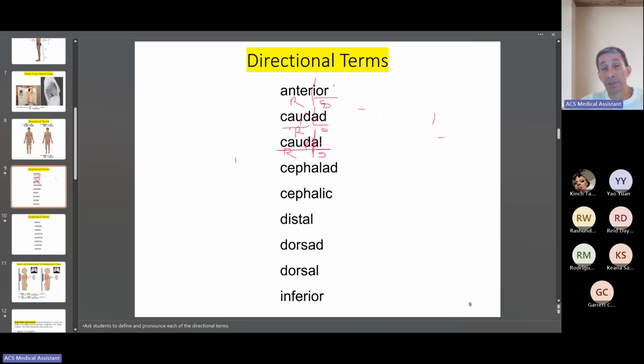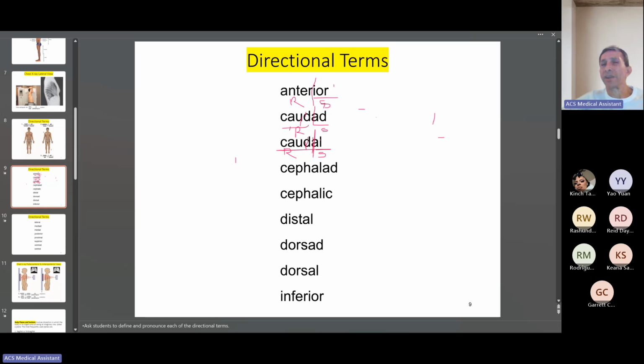We need to make sure that we understand the parts of the medical term. So we have two. We're always going to divide it: word root, the suffix. Do we have a combining vowel here? No, we don't. If we don't have a combining vowel, we're not going to have a combining form, because in order to have a combining form, we have to have a combining vowel.